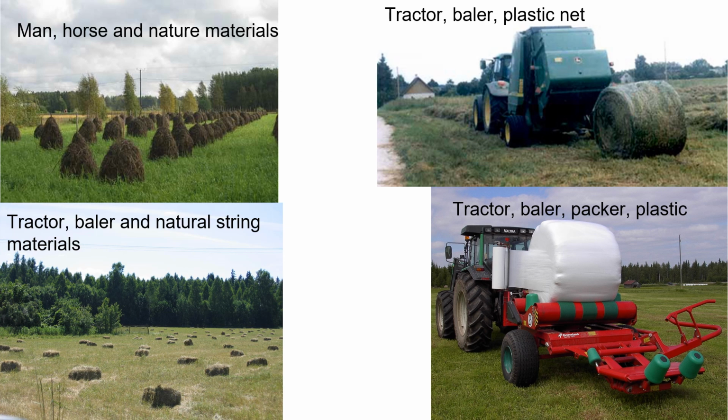And then the newest one is that besides the baler, we now also have a packer machinery. And we are using a lot of plastics, so we are not drying the grass totally dry now. Maybe some liquids are also added to this fermentation process to get it fermented.